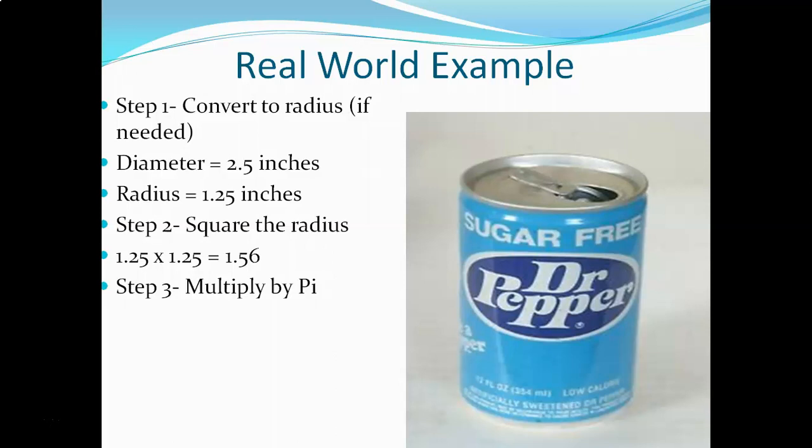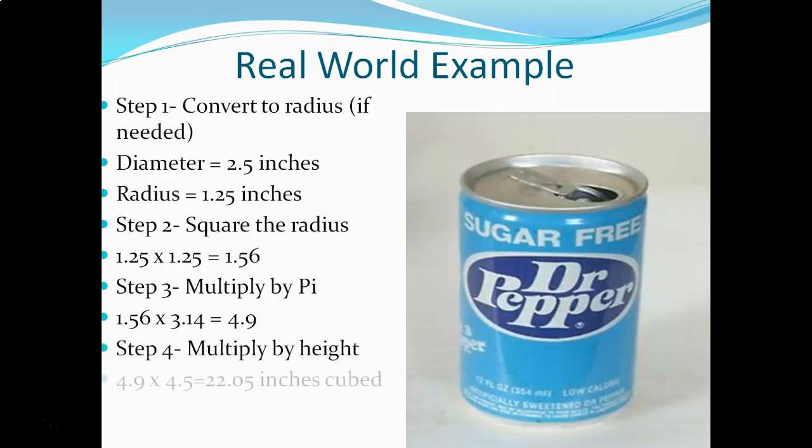And if you multiply by pi, you get 1.56 times 3.14, and that is 4.9. So that's the area of the circle on top. Now we need to multiply by the height of the cylinder. So we're going to do 4.9 times 4.5, and we get 22 5/100, or 22.05 inches cubed. And that would be the volume of the cylinder.